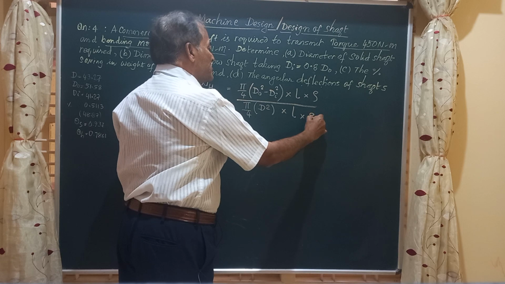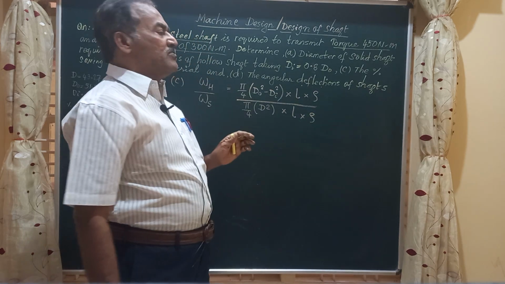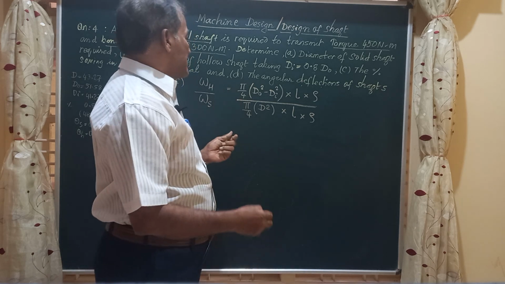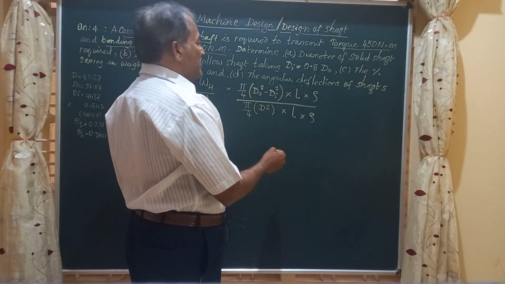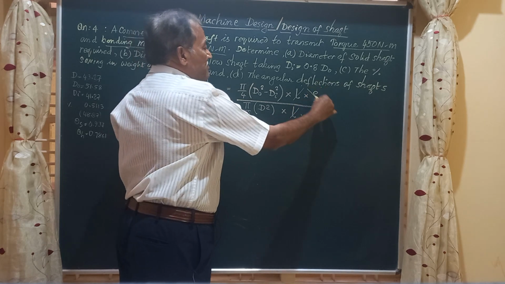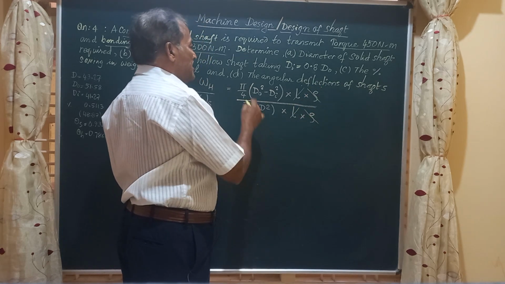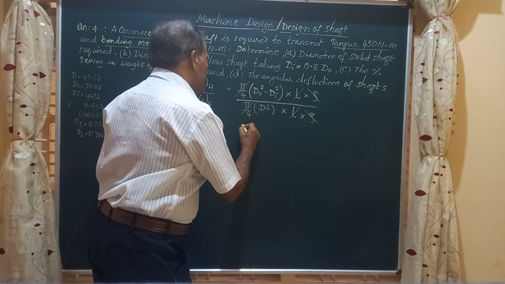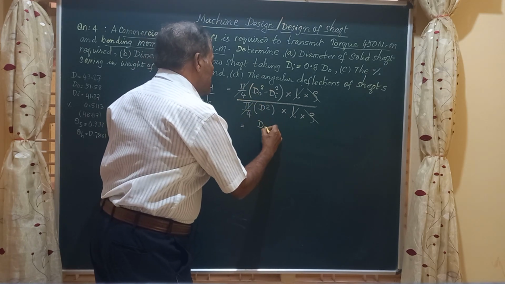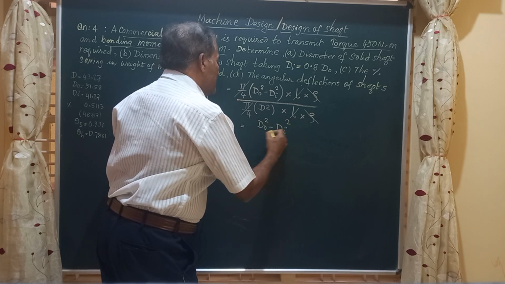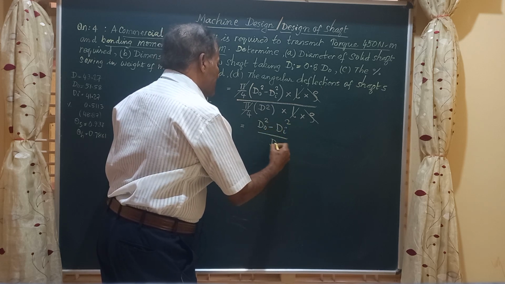Density is also the same. So if you arrive at this value of WH by WS, friends, you can see here the length gets cancelled, the density of the material is the same and gets cancelled. This pi by 4 is a common term. So we are left with the equation D0 square minus Di square divided by D square.